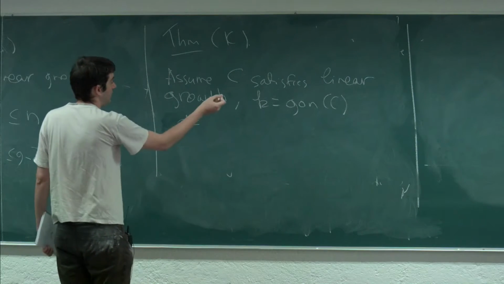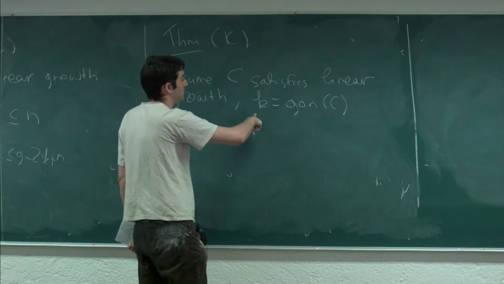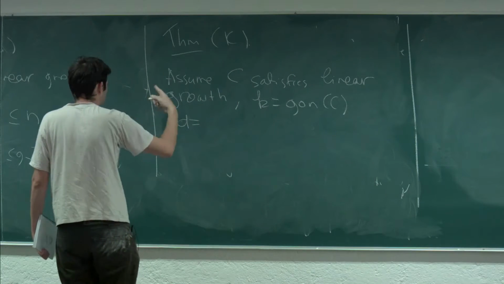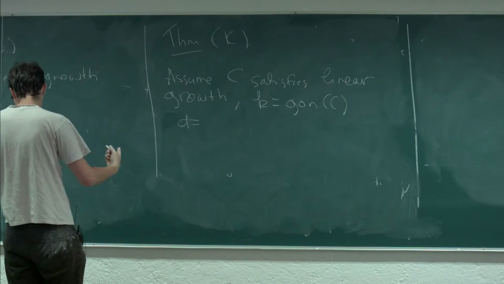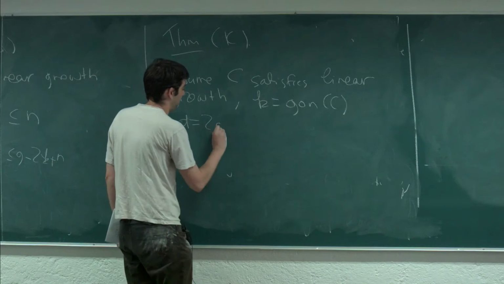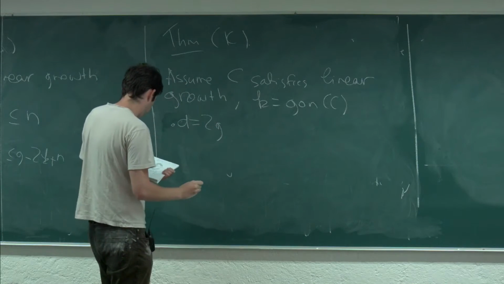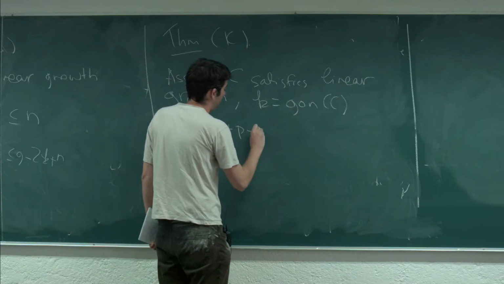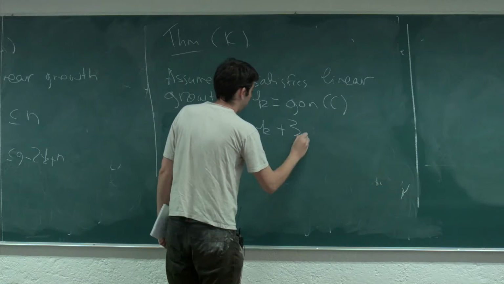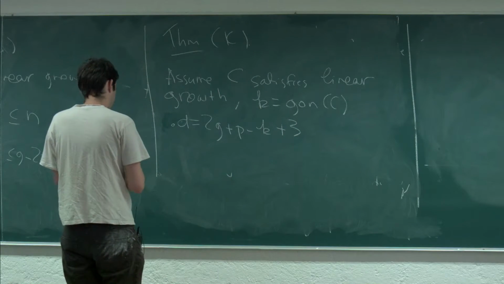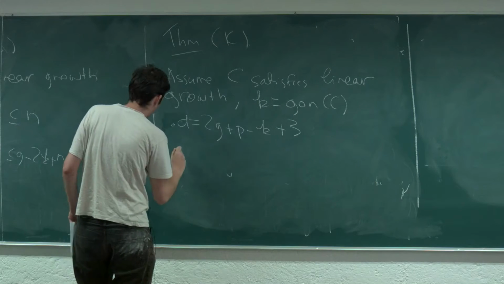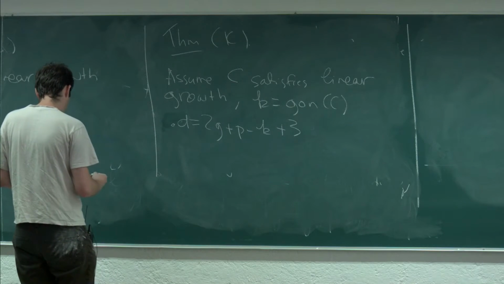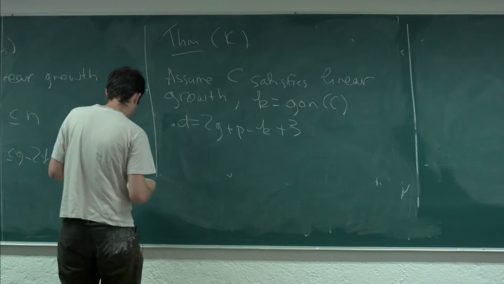So rewriting Clifford index using the gonality, because for a curve satisfying linear growth, they're essentially the same thing, this means we want to study the case d = g + p - k + 3. So then in this extremal case, we have the following result.